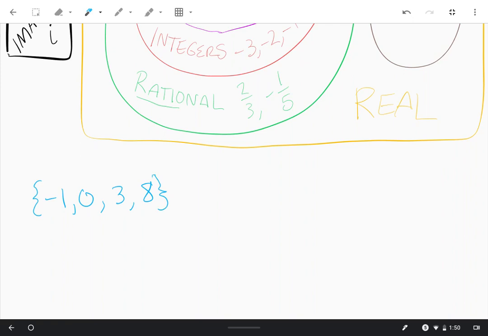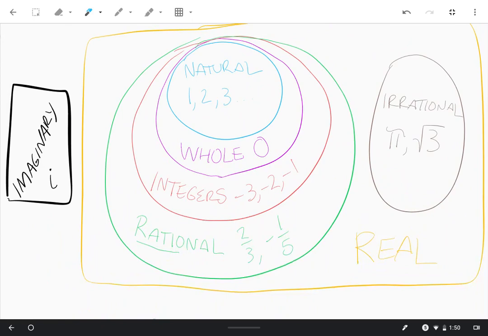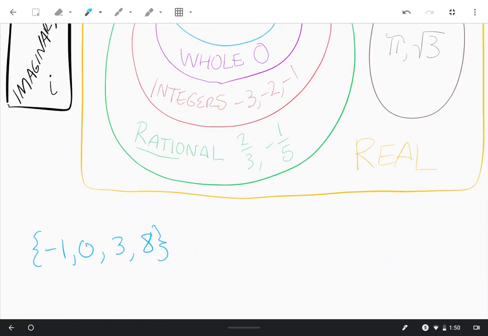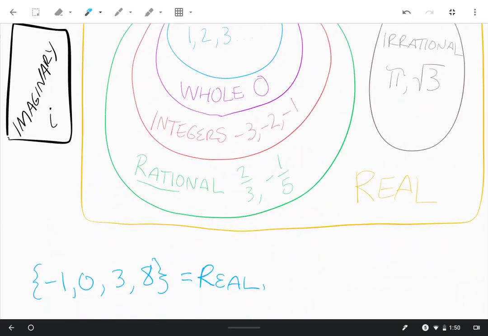And we might want to know what categories do these numbers fall in? Well, we'd want to start from the outermost. So is it imaginary or real? Well, they are all real numbers. They are all rational numbers because they could be written as fractions.